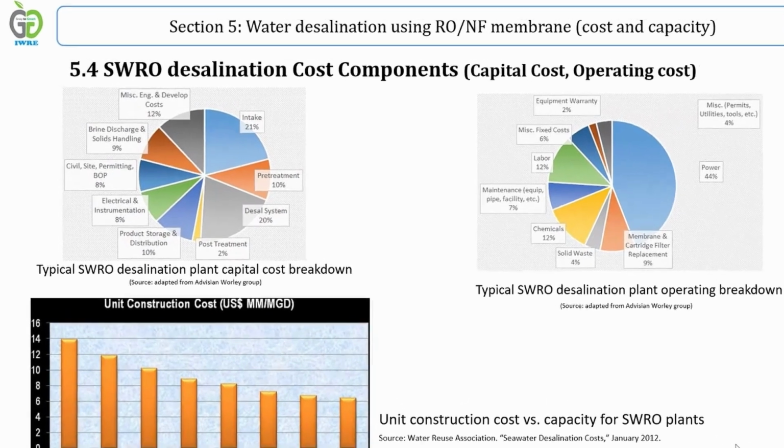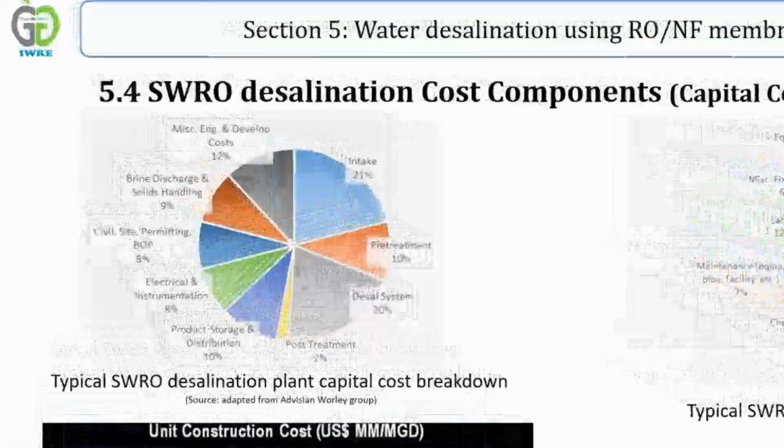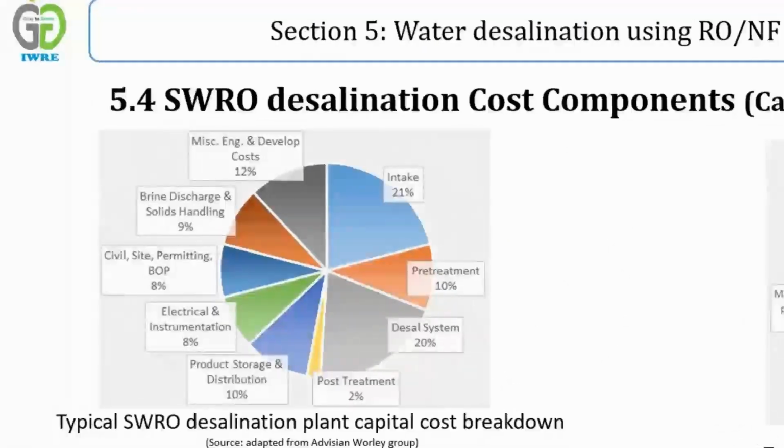The typical capital cost and components for most desalination plants can be further divided into 9 parts as follows: intake and raw water conveyance, pre-treatment, desal treatment, post-treatment, product water pumping and storage, electrical and instrumentation system, plant buildings, site and civil works and balance of plant, brine discharge and solids handling, and miscellaneous engineering and development costs.